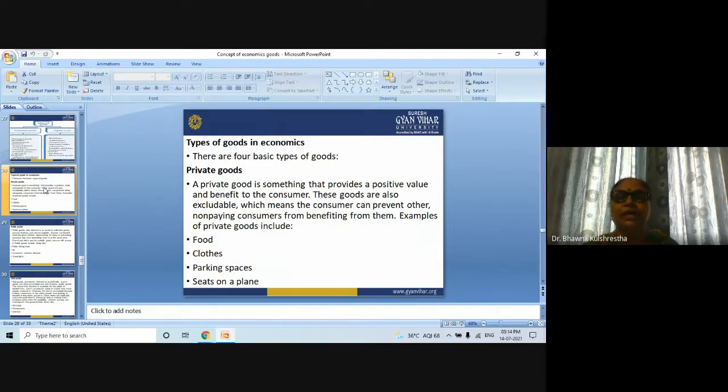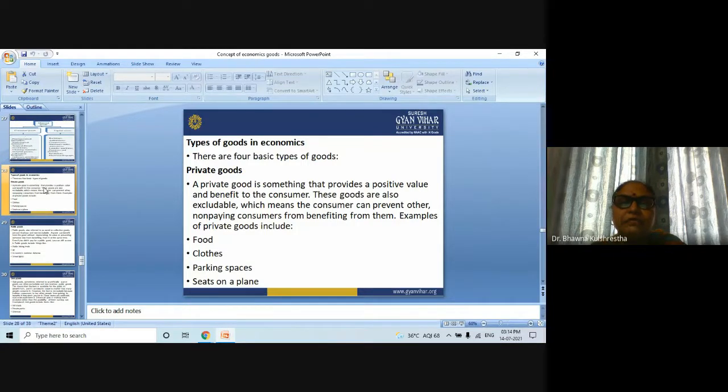These goods are also excludable, which means the consumer can prevent other non-paying consumers from benefiting from them.